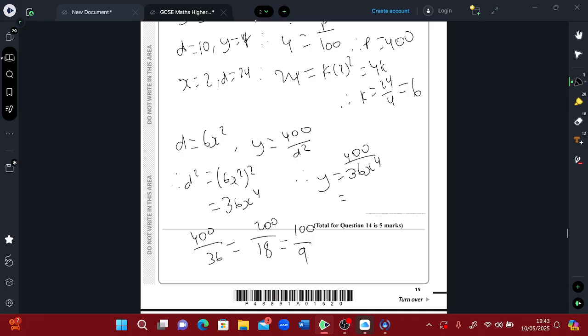That doesn't simplify anymore. 9 only has 3 and 1 as factors, and 3 doesn't go into 100. So this is the simplest form. So it's going to be 100 over 9x to the 4. Okay, so that should be the simplest form. There we go. Let's double check this. Lovely, yeah, that's the answer.